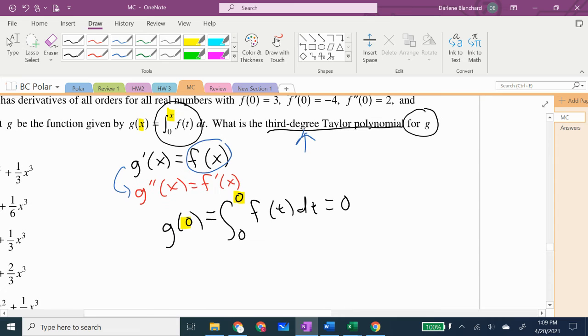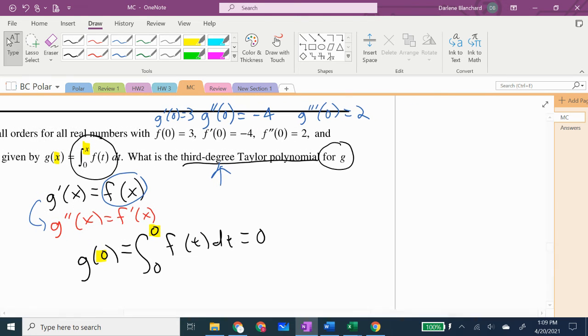Now, let's let the formula begin. When n is equal to 0 in my Taylor formula, I should probably make that a g.